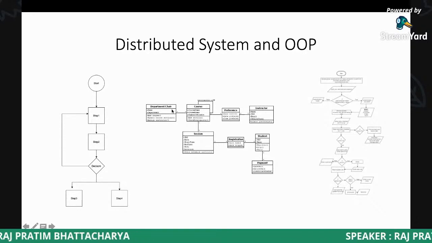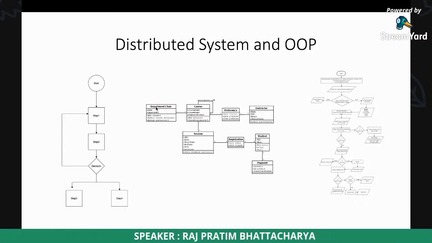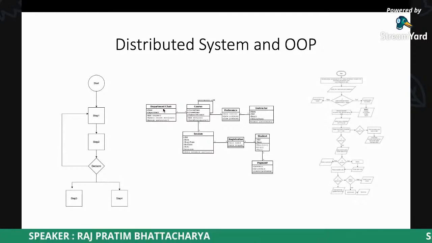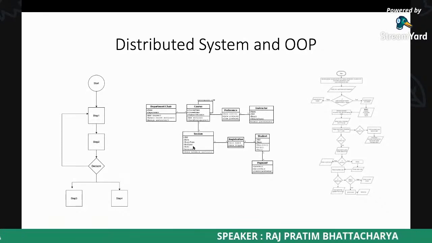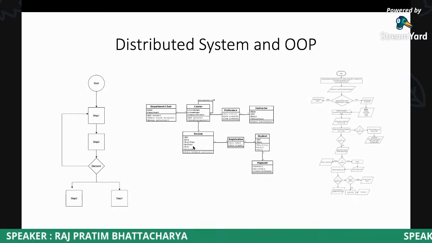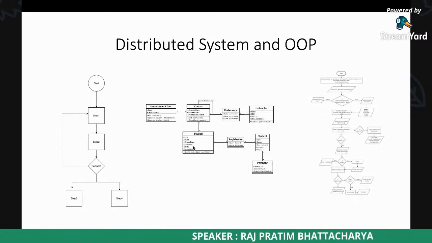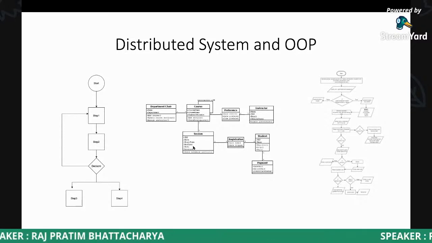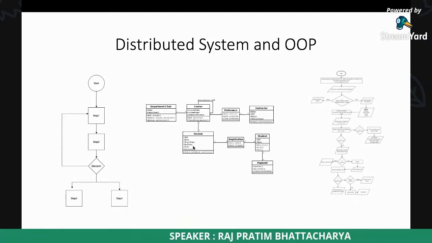Let's say in the previous example that I gave, it's a ticketing system where we have one class about booking the ticket, another class which shows the options available during the ticket, and a third class about payment information of the ticket. The basic principle of object oriented programming is encapsulation.